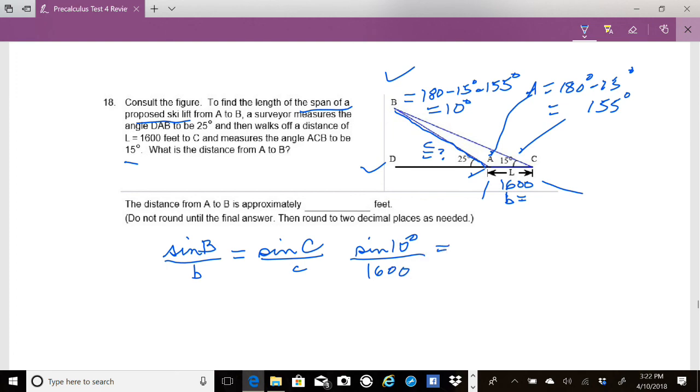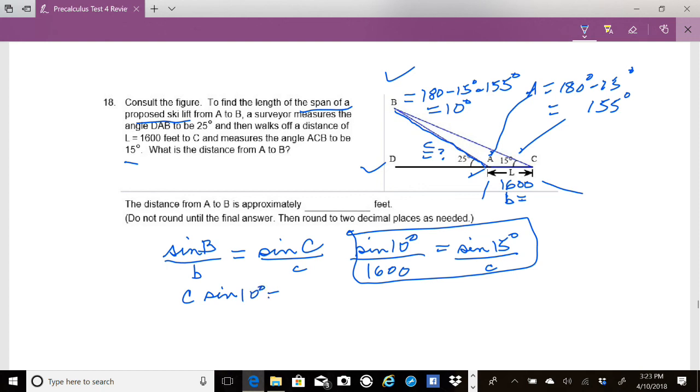We know that angle C is 15 degrees. And we want to find side C. So we have an equation with one unknown, and we cross multiply and say C times sine of 10 degrees equals 1600 times sine of 15 degrees.